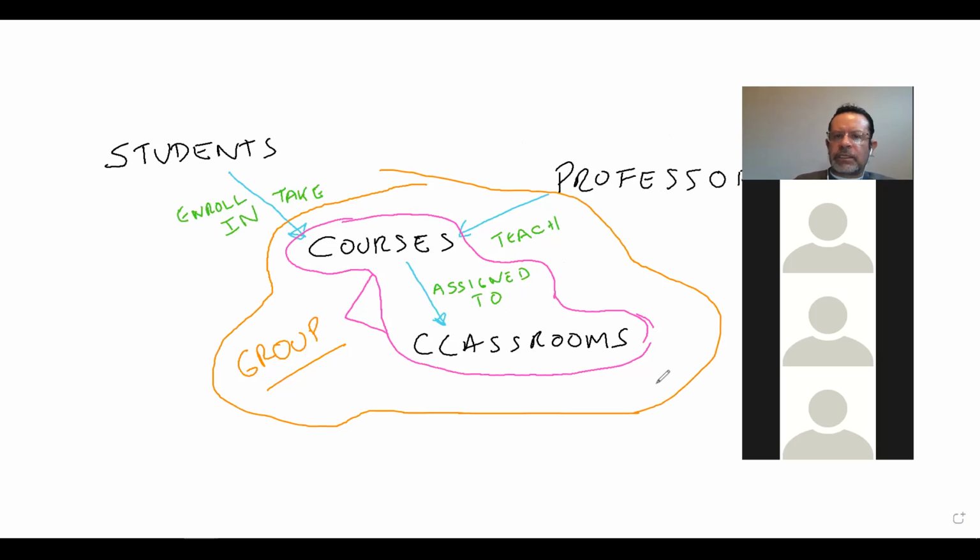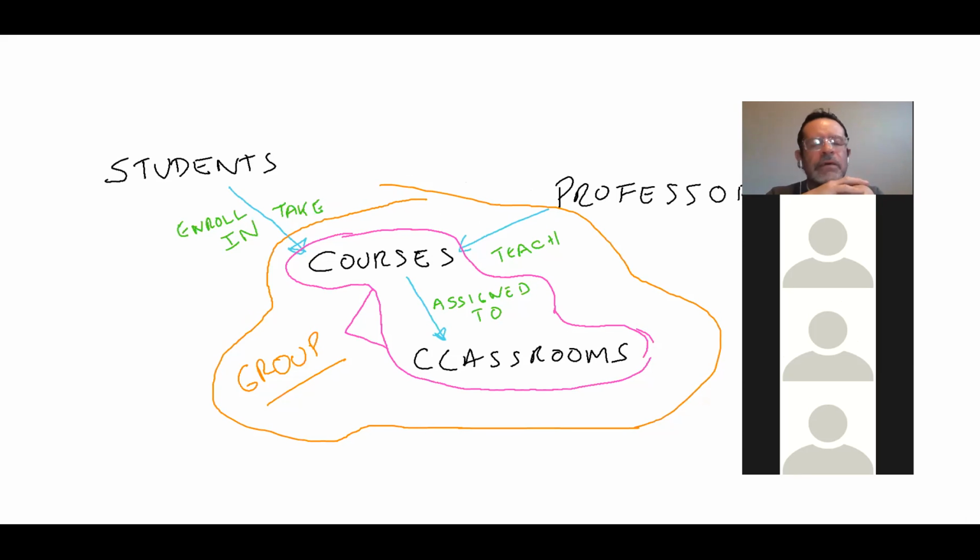And courses are assigned to classrooms. This is a very basic representation of what eventually we're going to be creating as an ER diagram. In an ER diagram, or entity relationship diagram, we're going to define all of the entities that we have, and we're going to see how they're related.